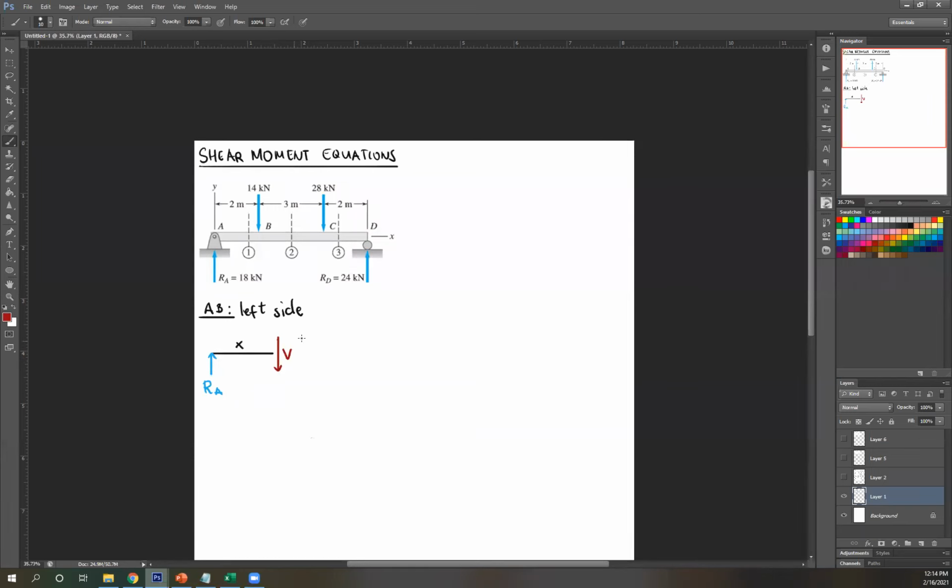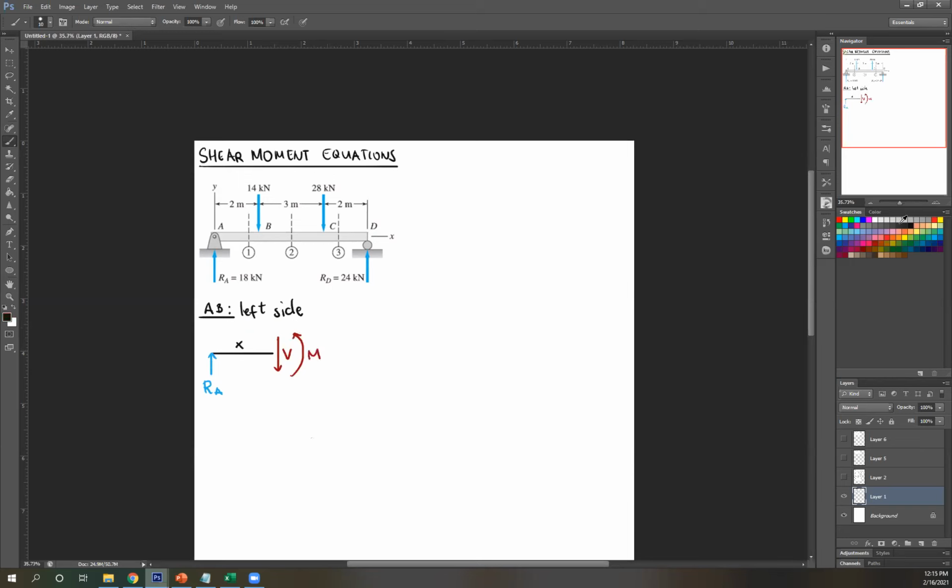So you have your RA here. You're taking shear and moment at this section, at this end. So taking moment here, this RA moves clockwise about this point. To counter that, to keep this in equilibrium, your moment should be opposite of that, so it should be counterclockwise.